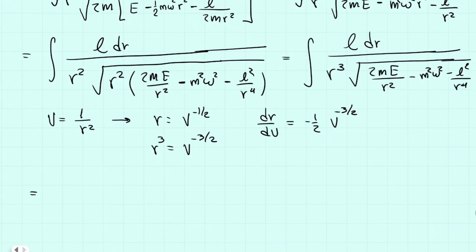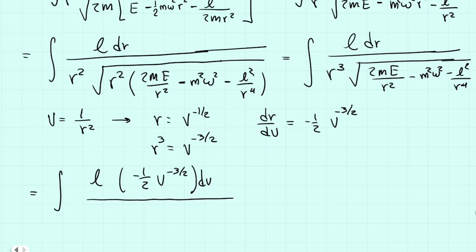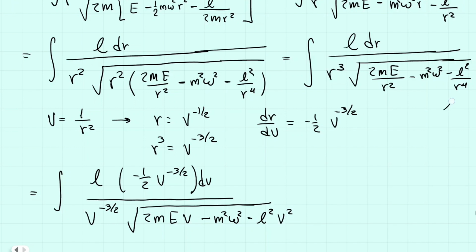So we are going to get that our integral is going to be L times dr, but that is negative 1/2 v to the negative 3/2 dv over v to the negative 3/2 times the square root of 2mE times 1 over r squared, but that is v, and then negative m squared omega squared minus L squared v squared, since 1 over r to the 4th is v squared. So here we can cancel these v's.